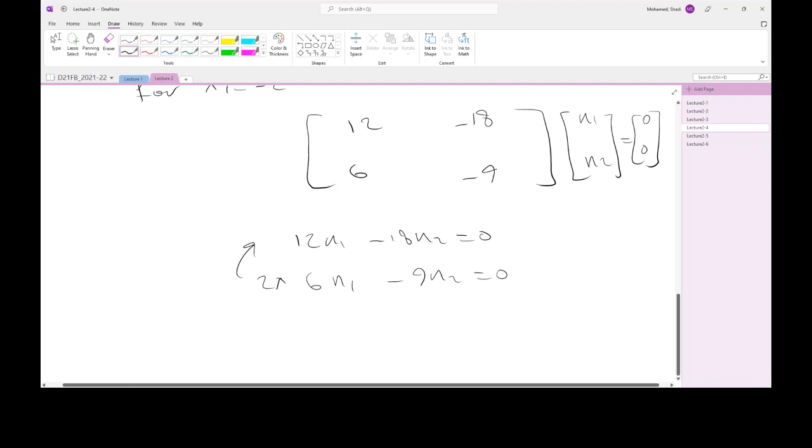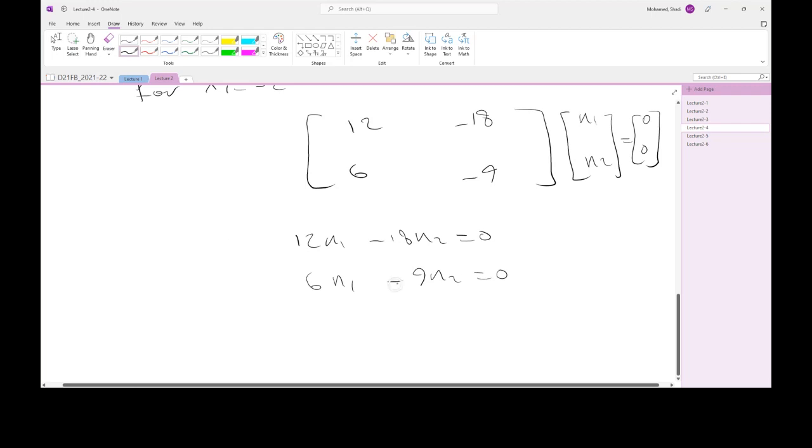And this is the case because we are using the value of lambda which makes the determinant equal to 0. This would mean that this matrix is basically singular, or there are some rows repeating themselves. Okay, so this is by definition going to happen here. It's going to be the same equation repeated twice. So no surprises in there.